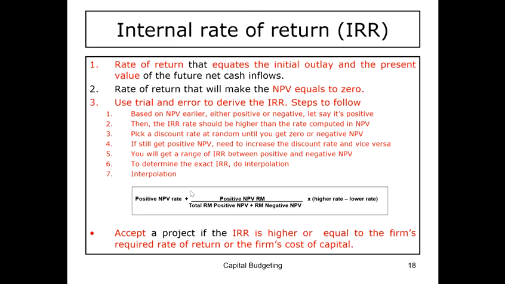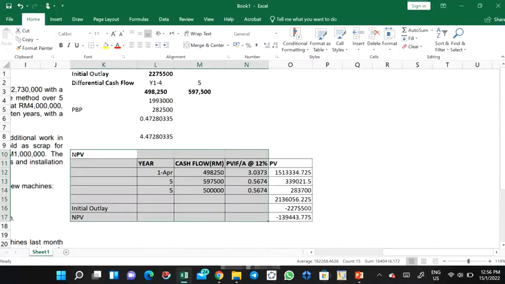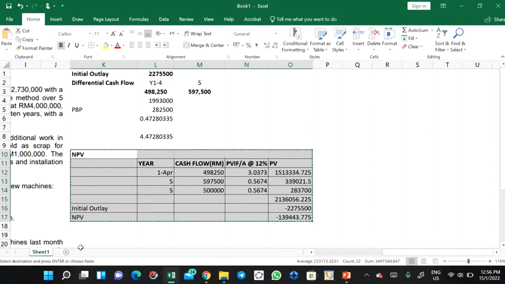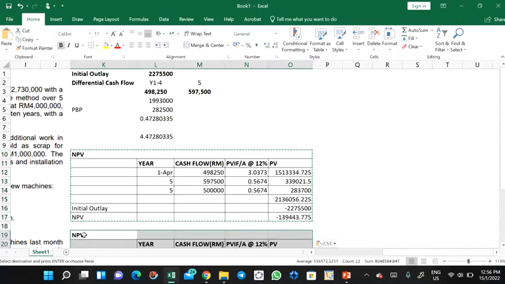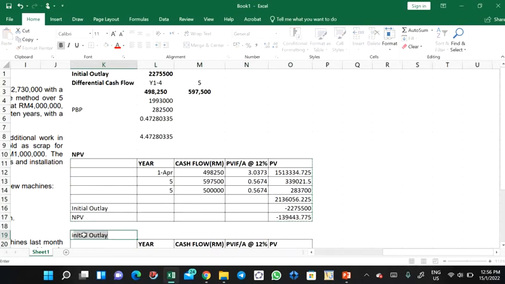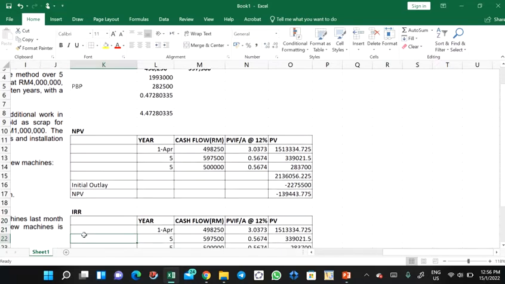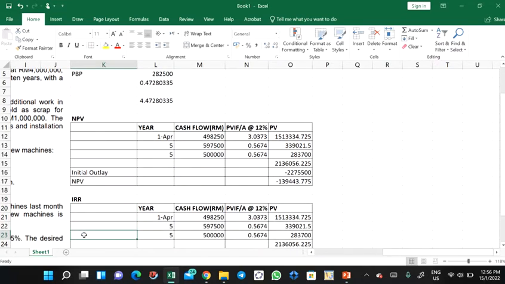Okay, so let's look at an example. Copy, paste. This will be the IRR. Since we got a negative, we have to lower our cost of capital or rate of return. Let's say I want to reduce to 6%.